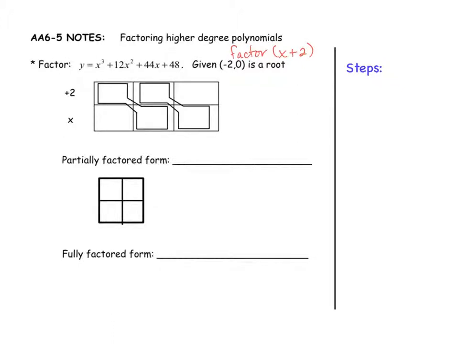So the first thing that we're going to do, we're going to start by putting that factor on the side at the beginning, so we'll write this as steps. And then we want to put the first term in this box right here.